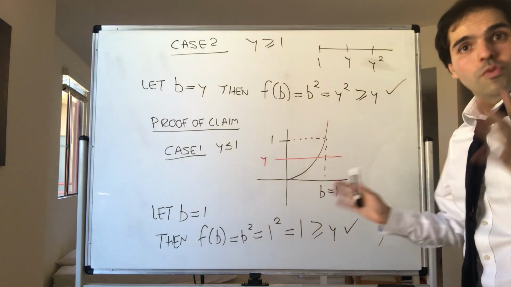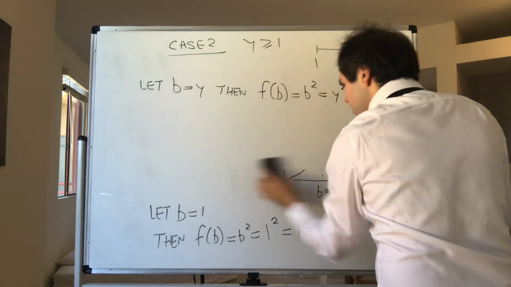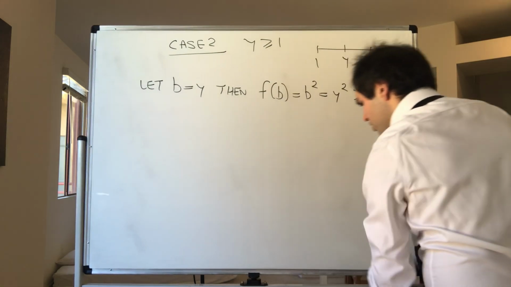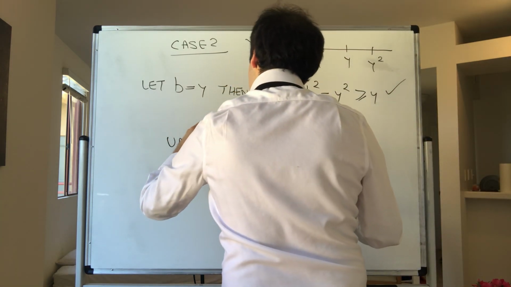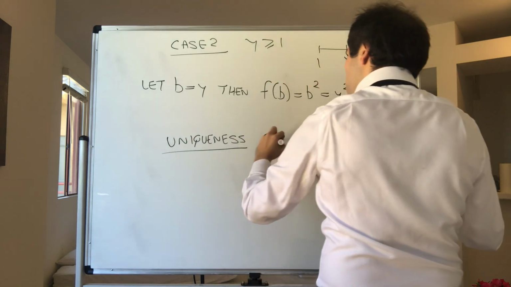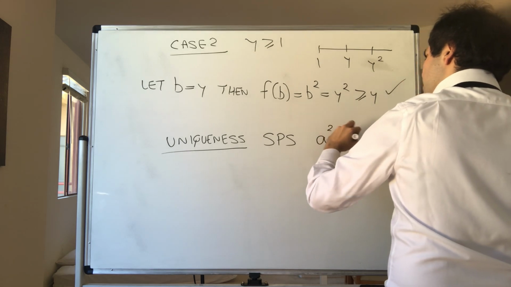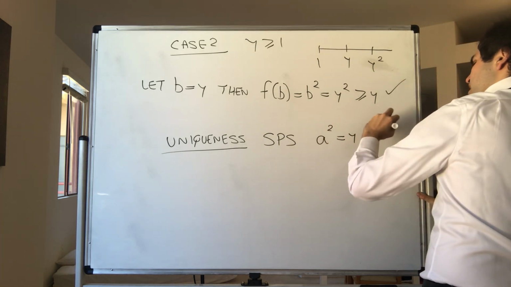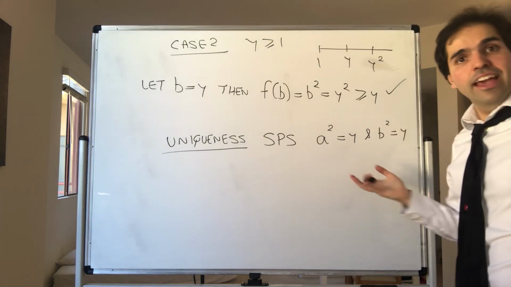Last but not least, so we're done with the existence part. Now let's just show that there's a unique x that works. And for this, uniqueness: suppose we have two numbers, a and b, such that a squared equals y and b squared equals y. Well, then there are three cases.